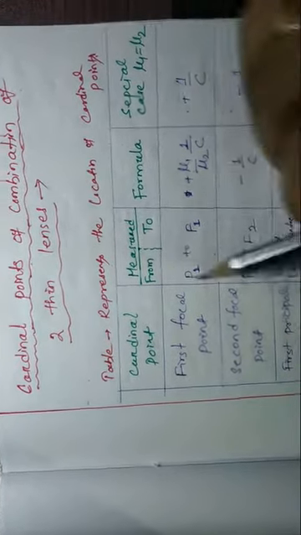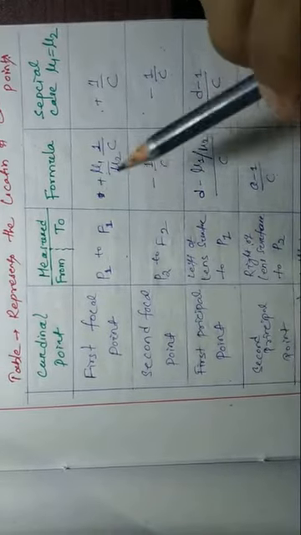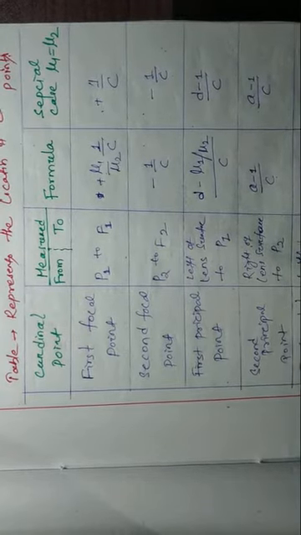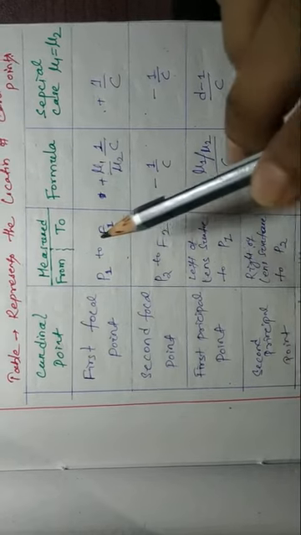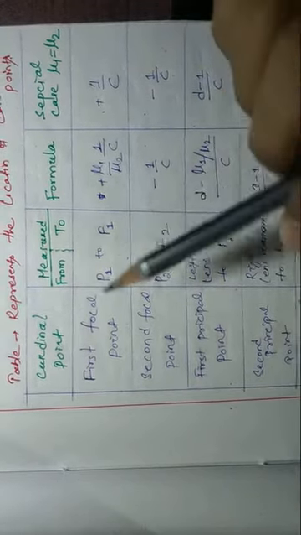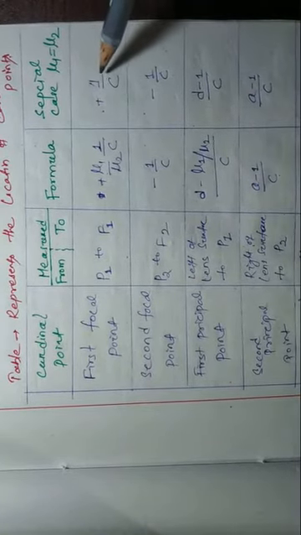Before that, we have to recap the table we got when we discussed the cardinal points of a thick lens. For the first focal point we found 1 by c. You just go back to where we discussed the cardinal points of the thick lens.